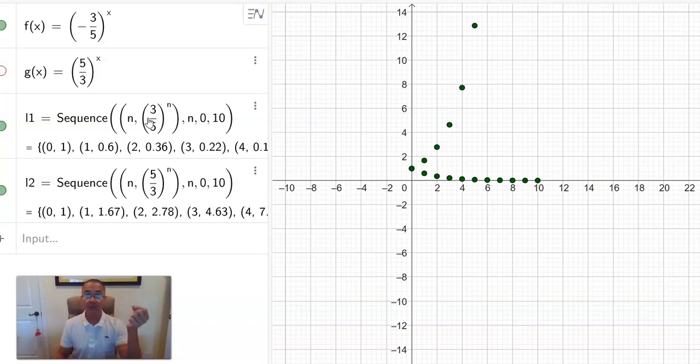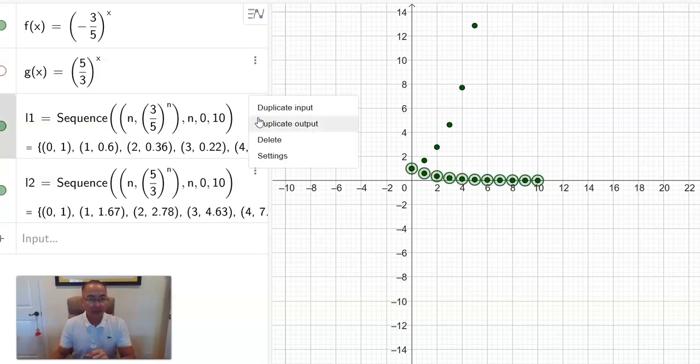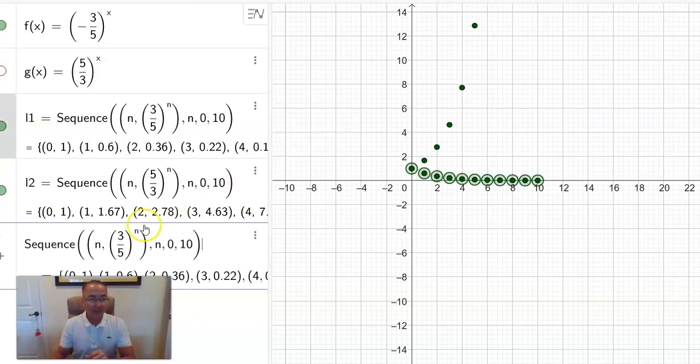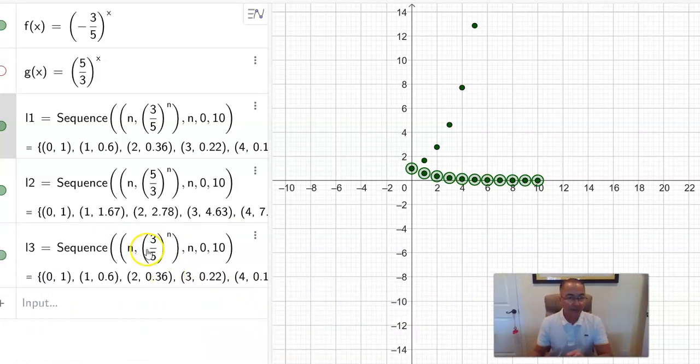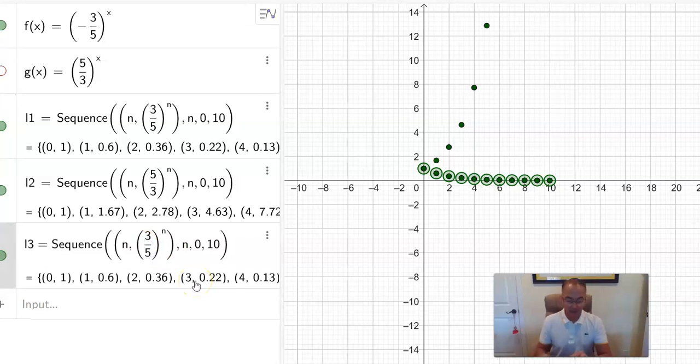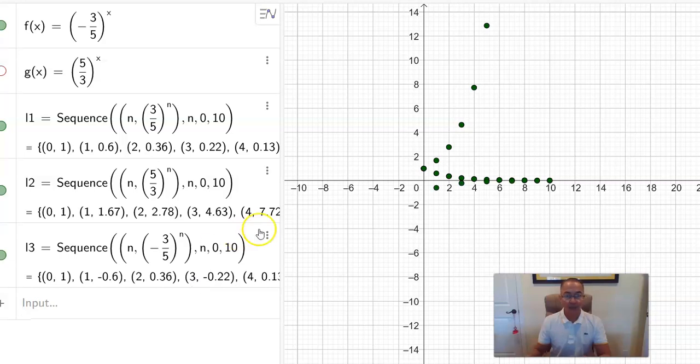Negative 3/5 cubed, sure, negative 27/125. So GeoGebra has no problem if we turn 3/5 into negative 3/5. So I'm going to put a negative here, minus 3/5, and they suddenly appear.